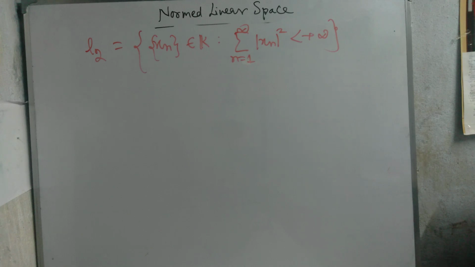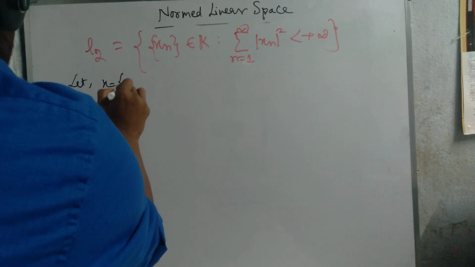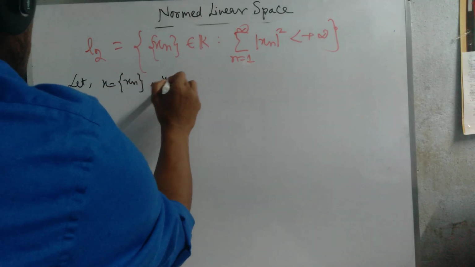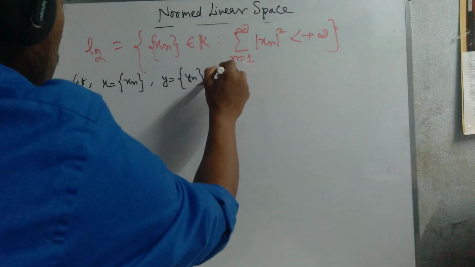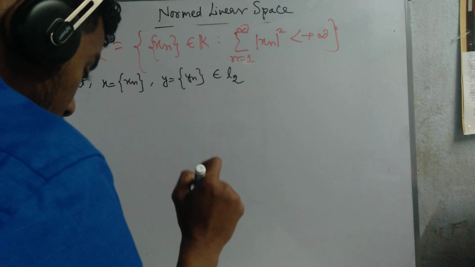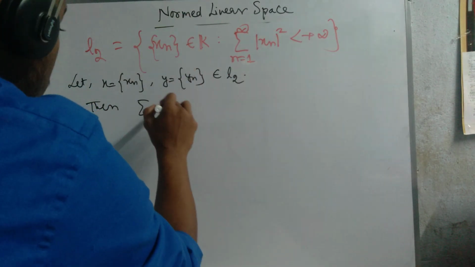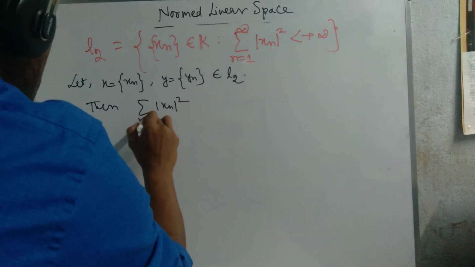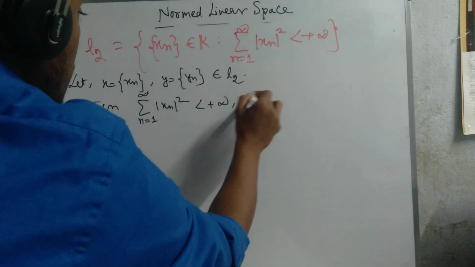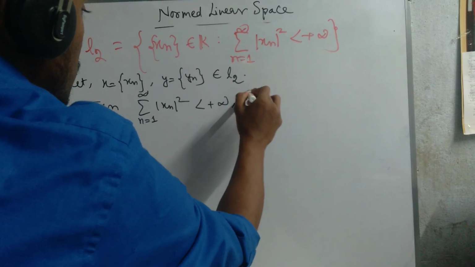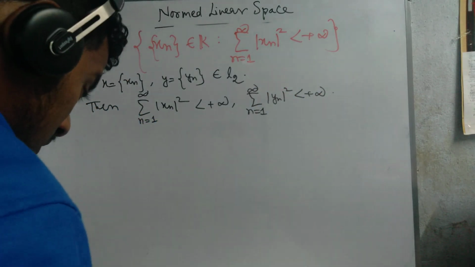Now we define it this way: let x equal to xn and y equal to yn belong to L2. Then summation n equal to 1 to infinity norm of xn square is less than plus infinity and summation n equal to 1 to infinity yn square is less than plus infinity.